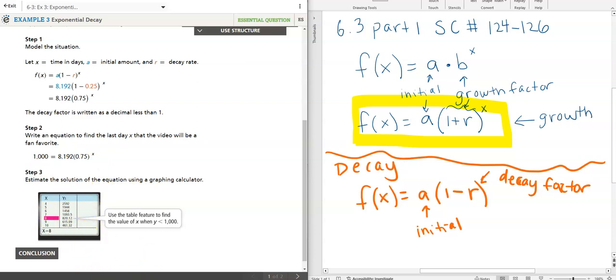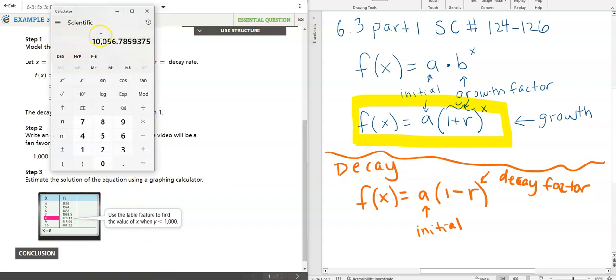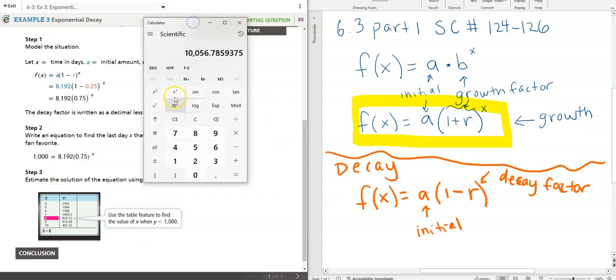So it says you use a graphing calculator. I can show you one here too in my scientific calculator. The reason they're using this is because they're trying to figure out how many days. Another way you could do this is by taking the 1,000 and dividing and then finding the exponential.